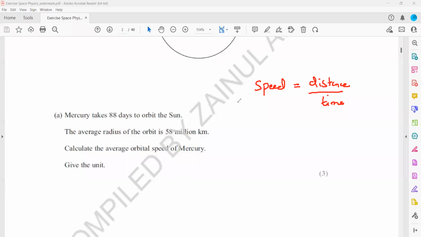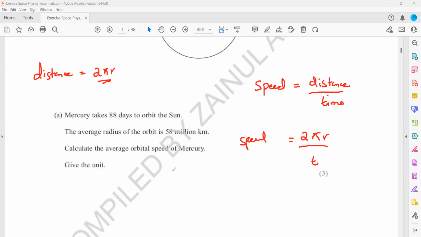Whenever an object moves in a circular path, in one complete revolution, the distance traveled equals the circumference, which is 2 pi r, divided by t.